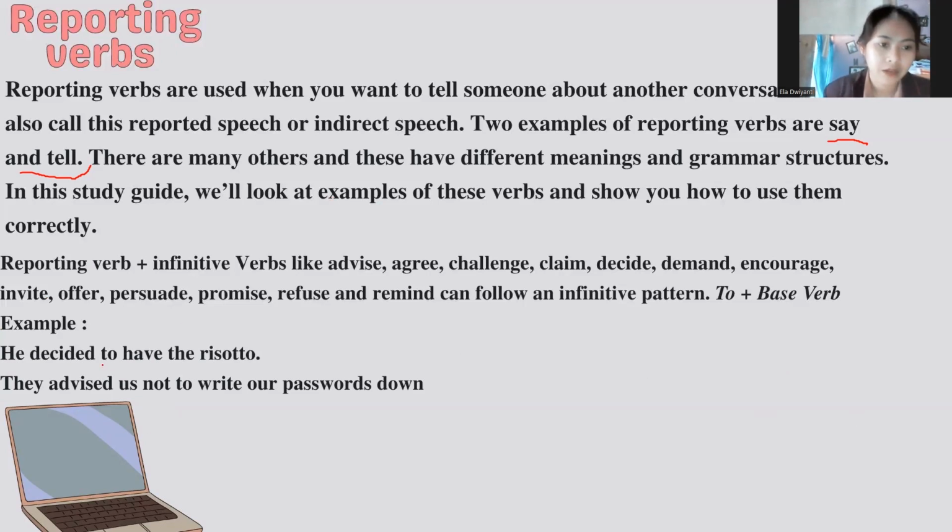To plus have. They advised us not to write our passwords down. Not to write. To plus verb 1 or base verb.